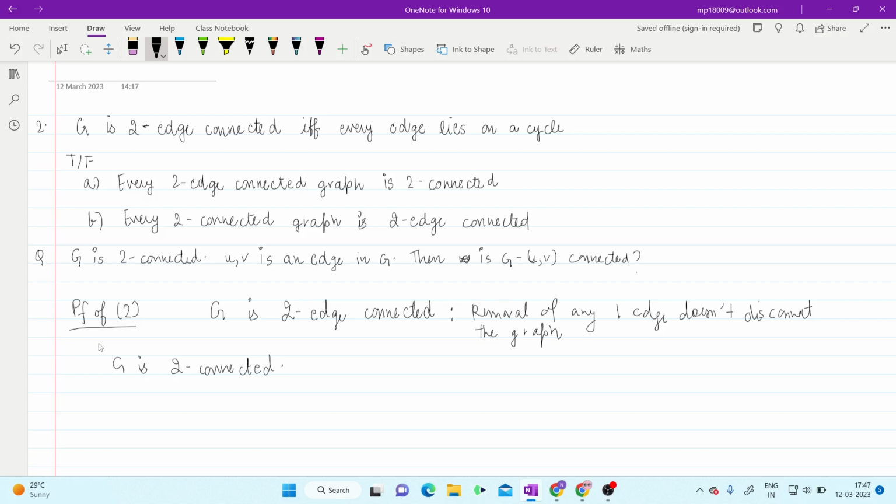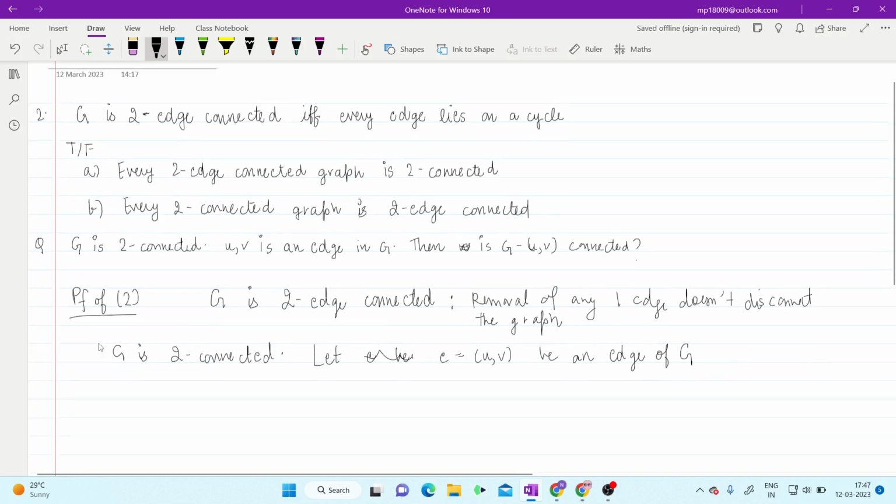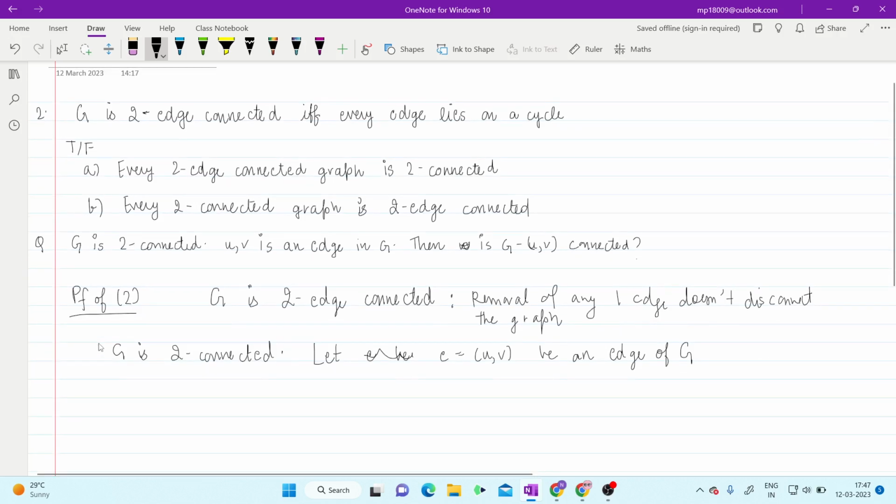Let e equal to uv be an edge of G. Why should it lie on a cycle?